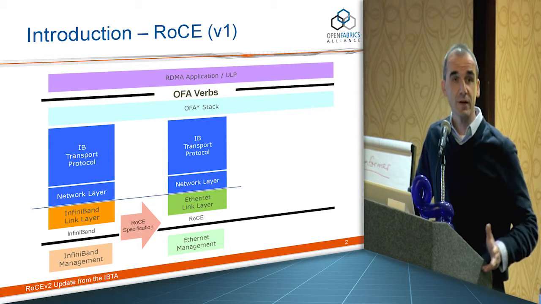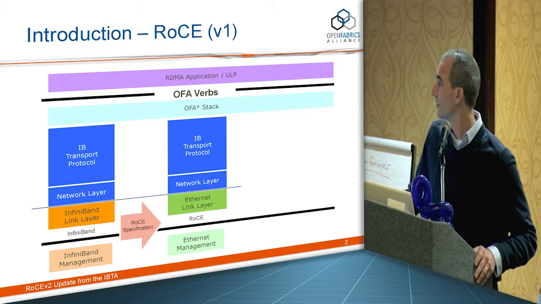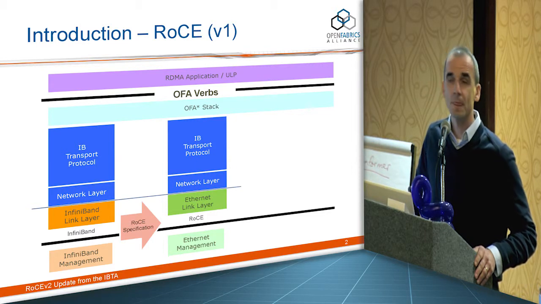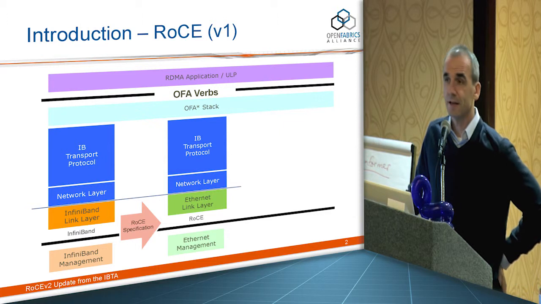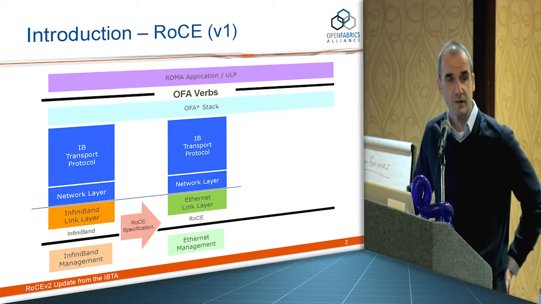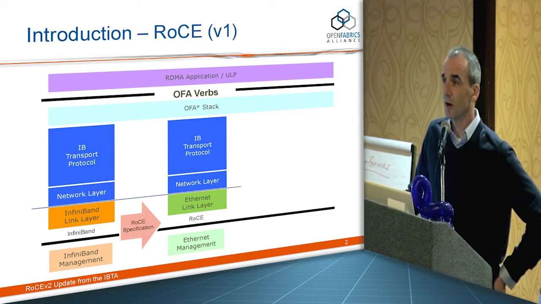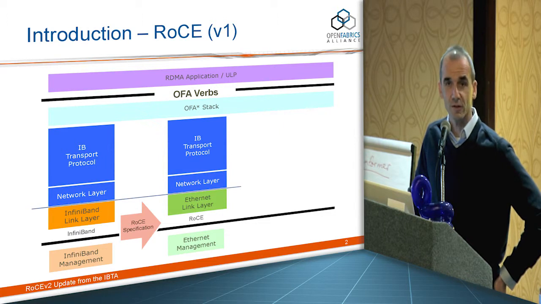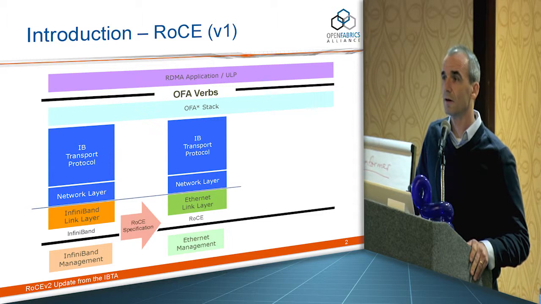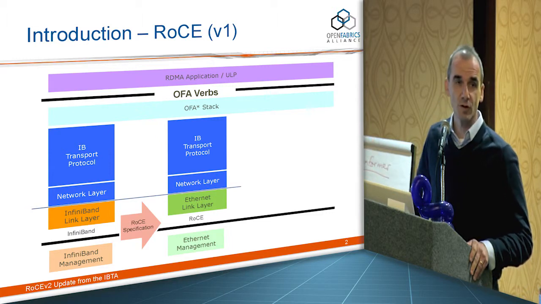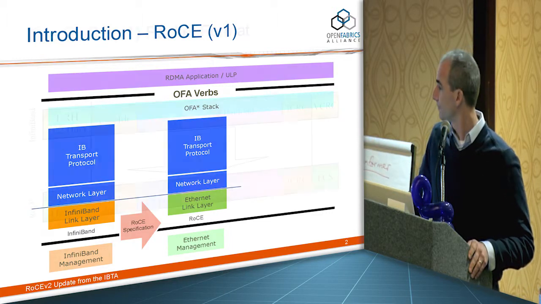So you could take an application that was coded to our OFA verbs and have it seamlessly run and attain the value proposition of InfiniBand RDMA, regardless of whether the underlying fabric was the canonical InfiniBand top to bottom or the InfiniBand transport protocol running on Ethernet.